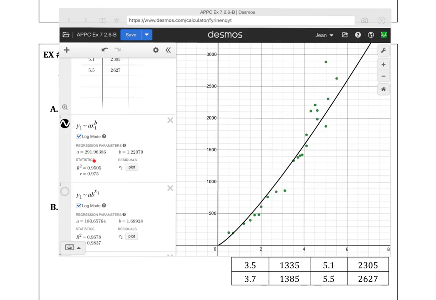So our power function is going to be 291.96386, and then our x to the 1.22079 for our power. So let's go record that on our notes.